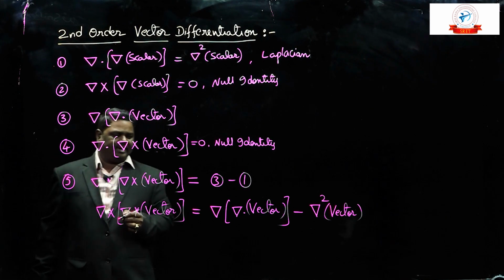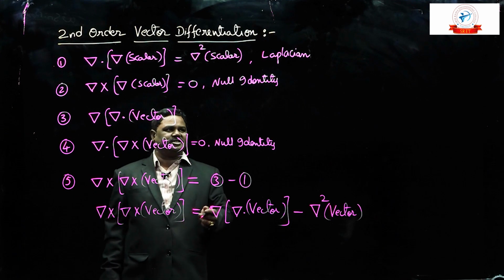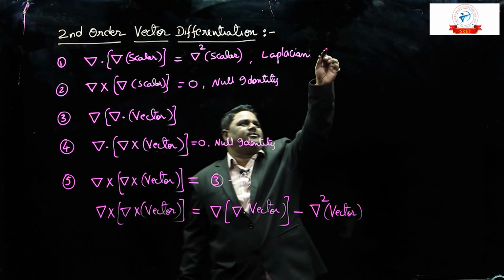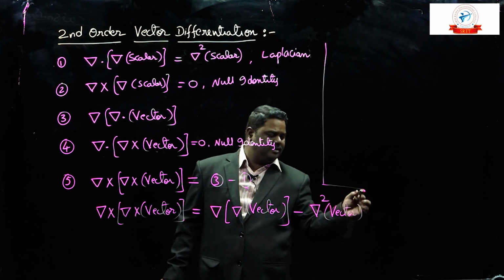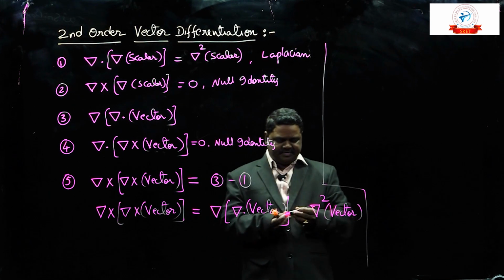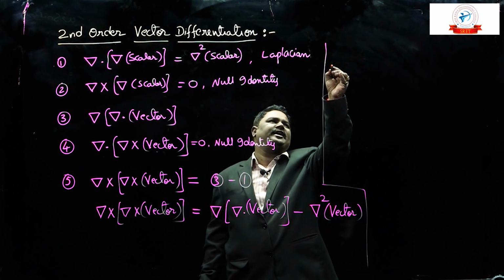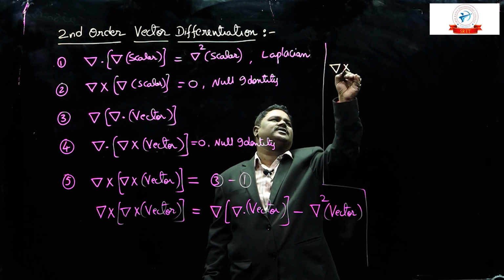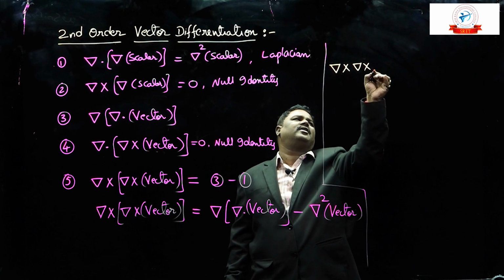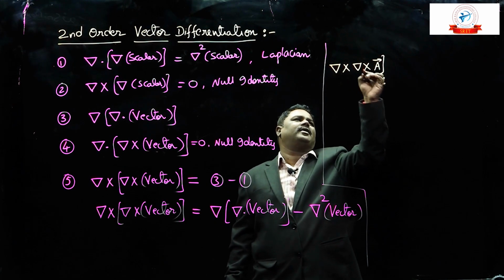Curl of any vector. Okay, so let us write this one as a formula. Generally we use this equation as a formula. That means I need the equation for the curl of A bar.